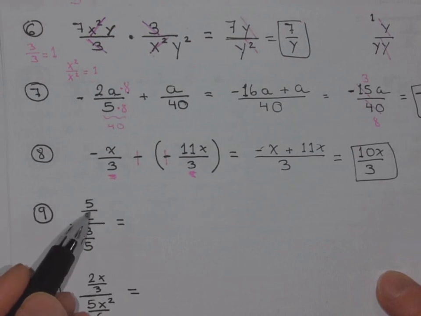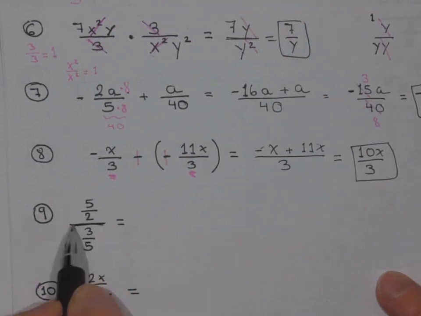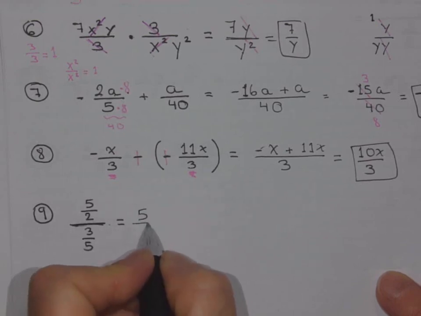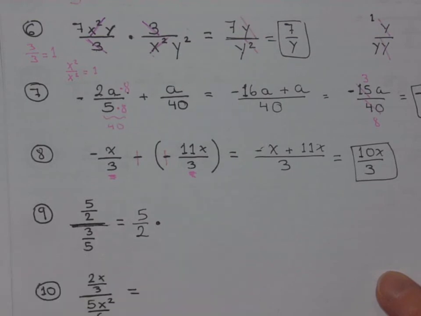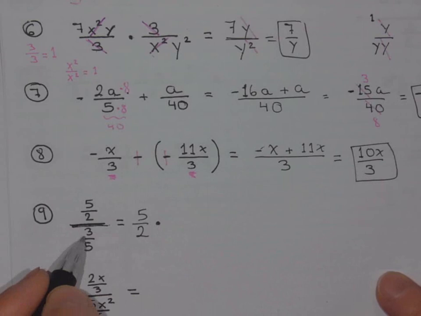We're going to do a 5 over 2 divided, you need to see that as a division, right? It's a division bar, by 3/5. So we have 5 over 2. We change the division to a multiplication, use the opposite, the inverse operation of division. But because we use the inverse, this fraction right here has to be inversed also.